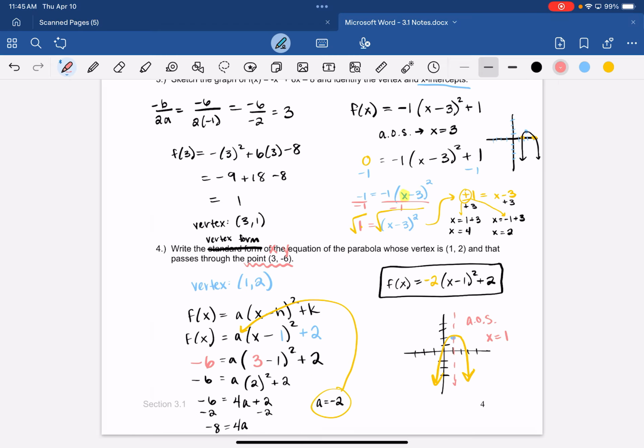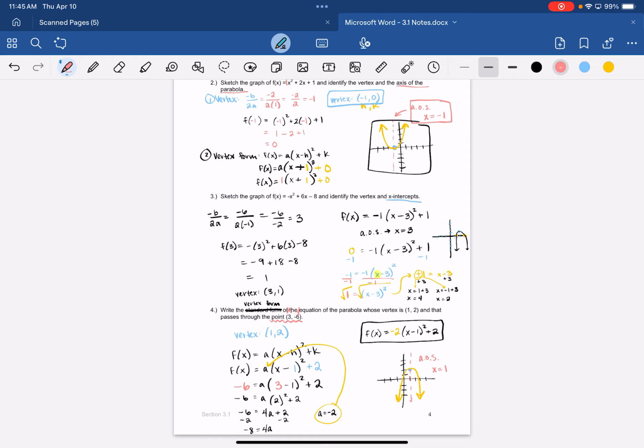All right, just to zoom out real quick. You're doing the same thing in every single problem: you're finding the vertex form and sketching a graph. In this form, you had to find the vertex first, then plug it in, and we had our A value from our equation.